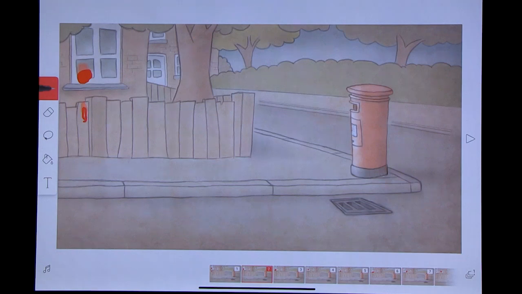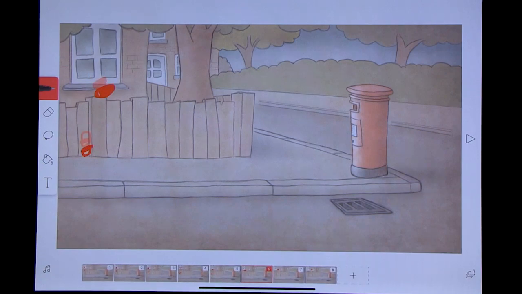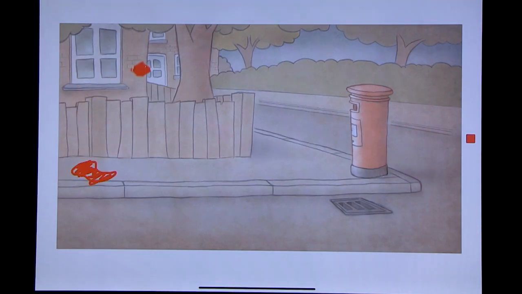You can see that there's the shadow, and I can make the next one, and I can go to the next one and make the next one, and the next one, and here, and here, and here, and at this one, it'll be a puddle down here. And so now we can go back and see what happens. And you can see how quickly and really effectively you can animate.